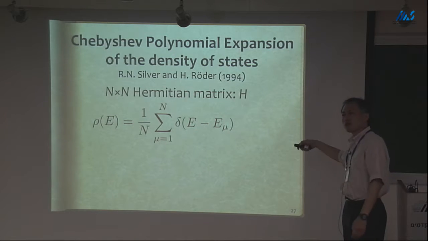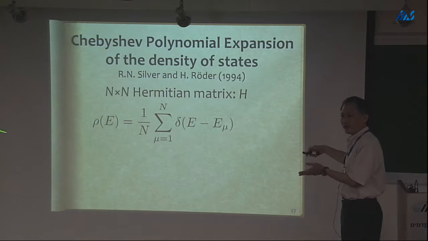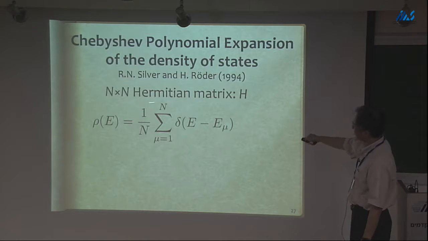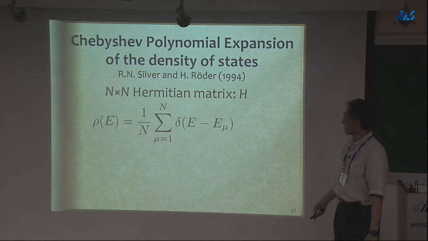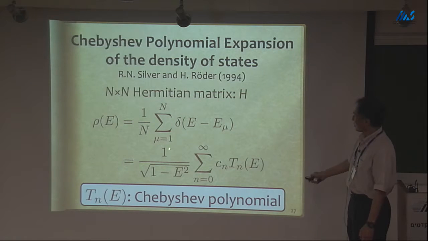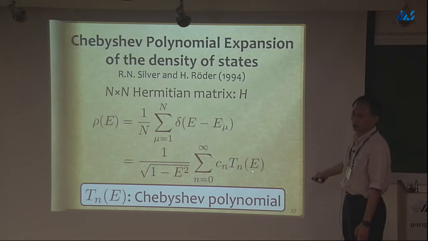From now on, till the end, I have basically a Hermitian matrix. I'm talking about a Hermitian matrix in this section. Okay, so this is a Hermitian matrix, and this is by definition the density of states of this Hermitian matrix. And the point is, I want to expand this in terms of some kind of orthogonal polynomial.